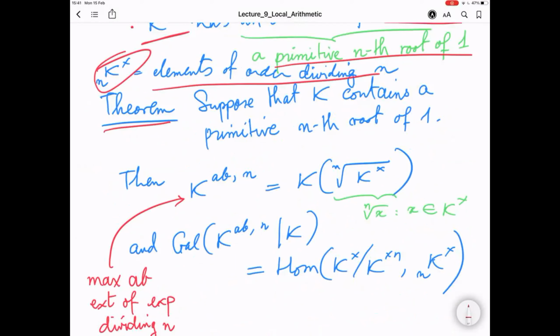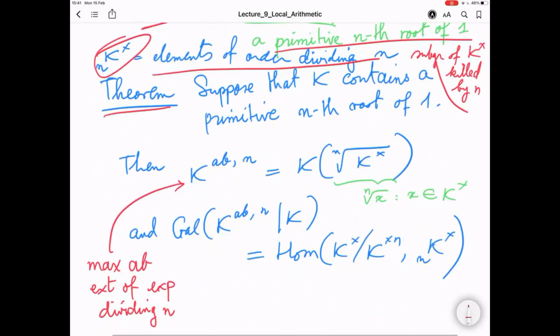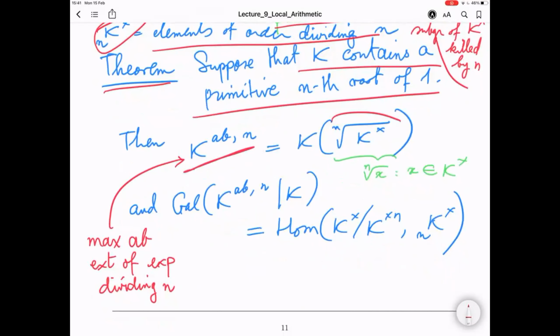So it's a subgroup of K^*, a subgroup killed by n. This main theorem of Kummer theory says that suppose you have a field which contains a primitive nth root of unity, then it specifies this system of generators for the maximal abelian extension of exponent dividing n.